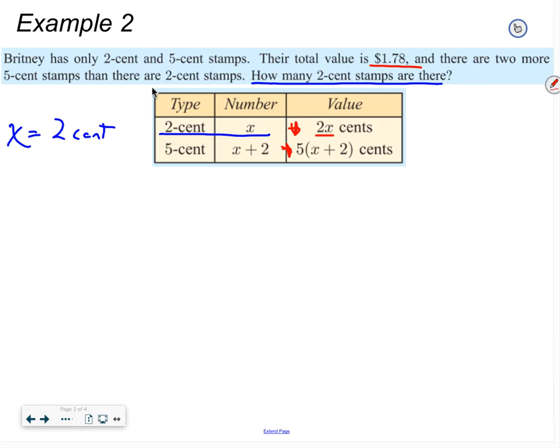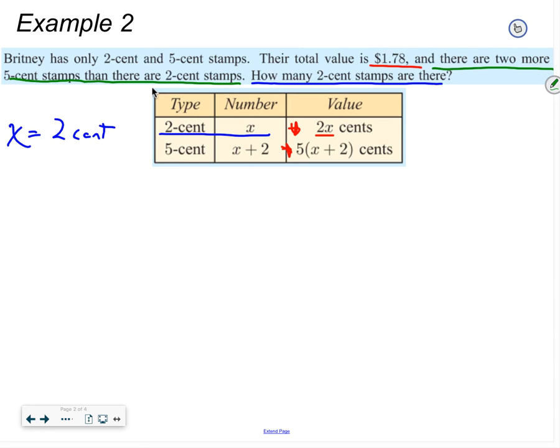So if I have 10 of them, I'm going to have a value of 20 cents. Okay. Now for writing the number of 5-cent pieces I have, I'm getting from this information that there are 2 more 5-cent stamps than there are 2-cent stamps.